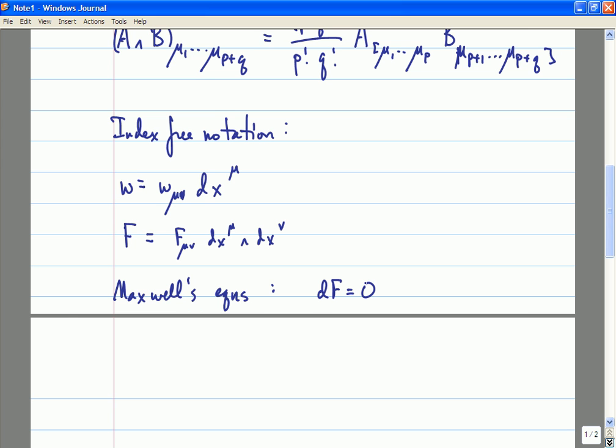Okay. Can't get simpler than that. What here is d? Well, remember last time we introduced the notion of the exterior derivative. So the exterior derivative is a way of taking derivatives of differential forms.